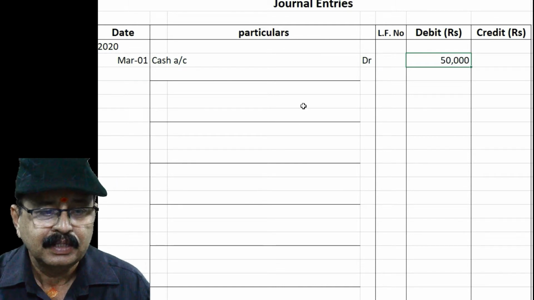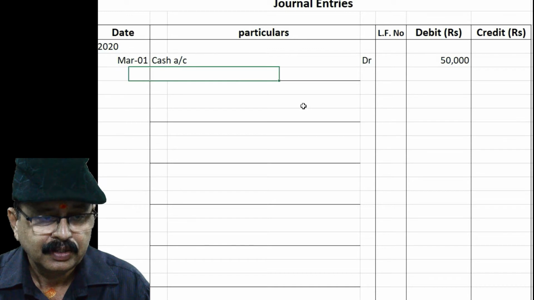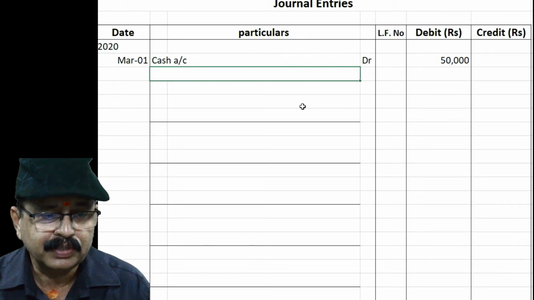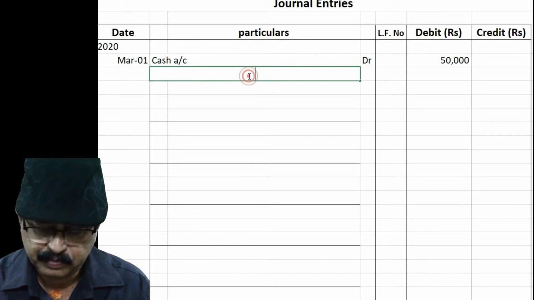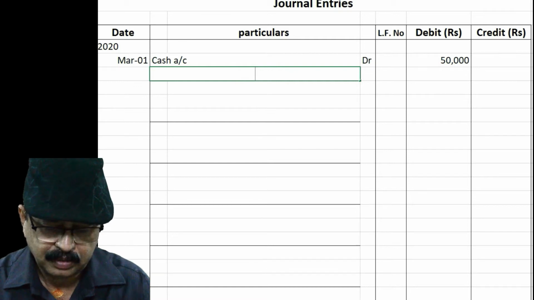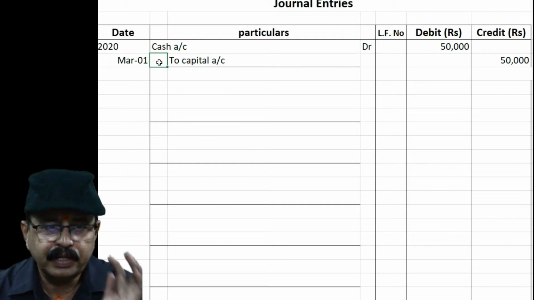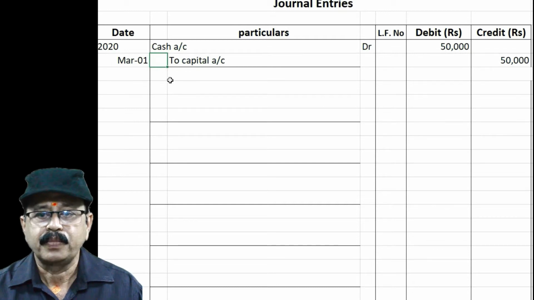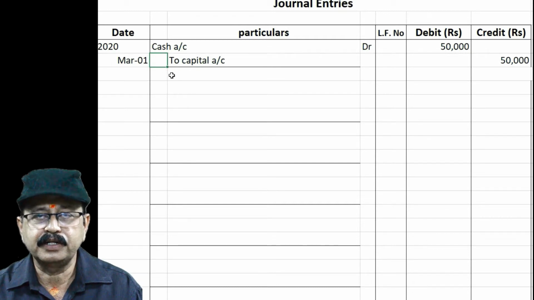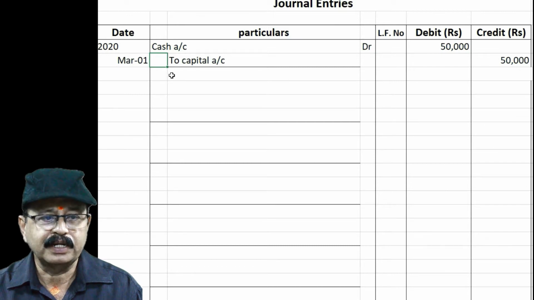Then the second entry: compulsorily you should leave some space, and after the space you write 'To capital account'. Now immediately we should write the narration. Narration means explanation of the transaction.